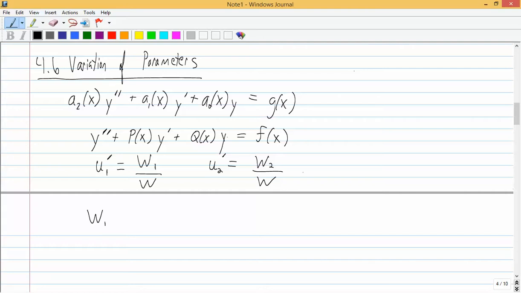The way that you find w sub 1, w sub 1 is always going to be equal to the 2 by 2 determinant 0, f of x, y sub 2, y sub 2 prime.